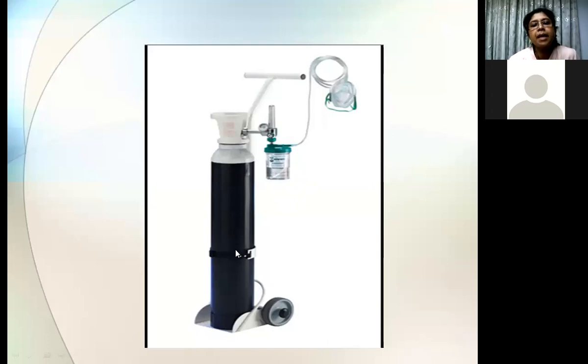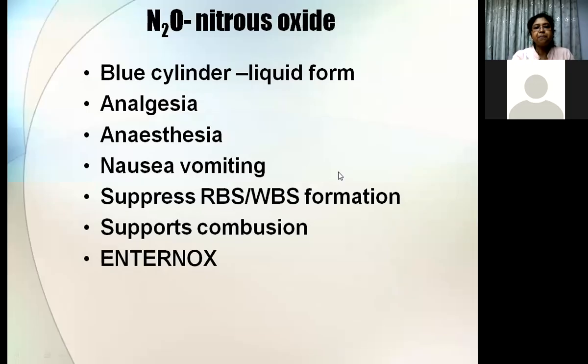Okay, and this is your pressure regulator, because this cylinder has stored oxygen at a very high pressure. It is 132 bars. Our atmospheric pressure is only 1 bar, so it is 132 times higher. So it has to reduce the pressure and come to the patient, otherwise the lungs can go off.